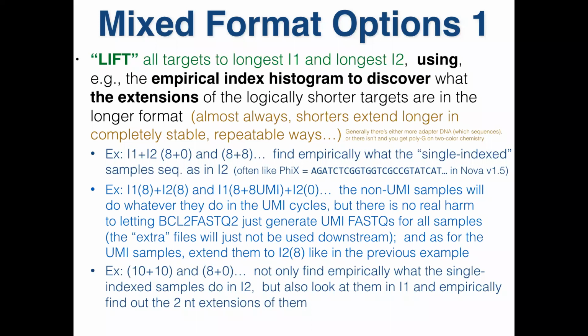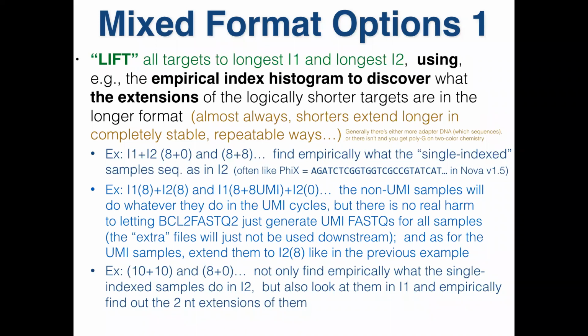The index read is variable here, but they're not going to design the surrounding parts to have more variation. And if you actually run off the adapter, so that the sequence goes dark, dark is poly G. So even if you run off the adapter, you at least get something stable.